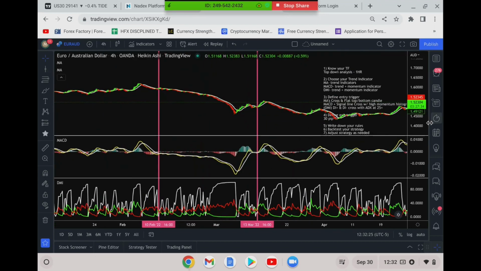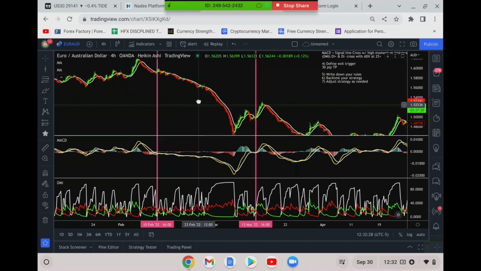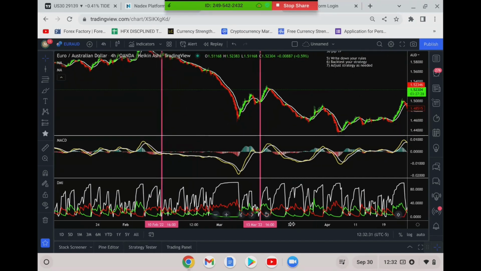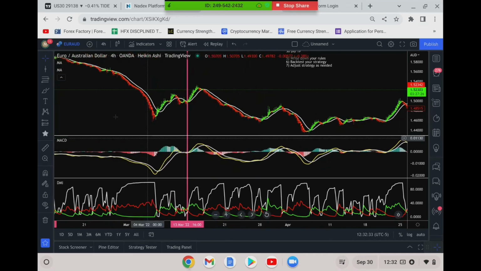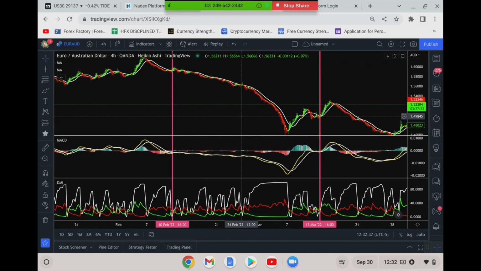So now we are on the 4-hour, and if we take a look in between these two pink lines that we did specify on the daily, what is the market doing? It is literally doing the same thing that we saw on the daily time frame, you guys. We have our yellow below our white for our MAs and our MACD, and then we also had our DMI lining up for us when it came to this big sell.